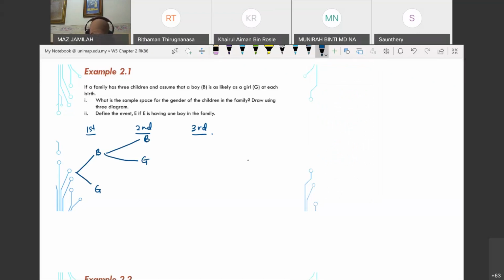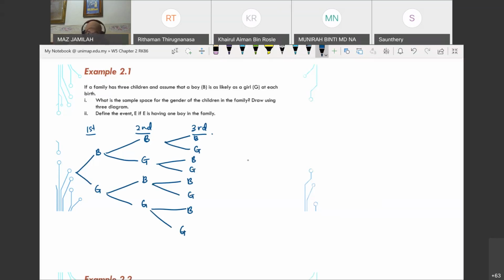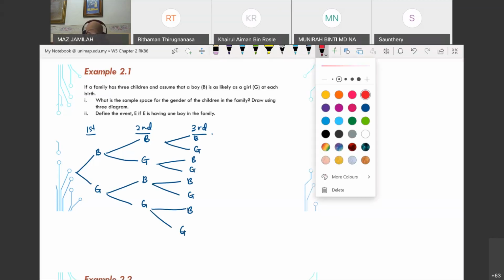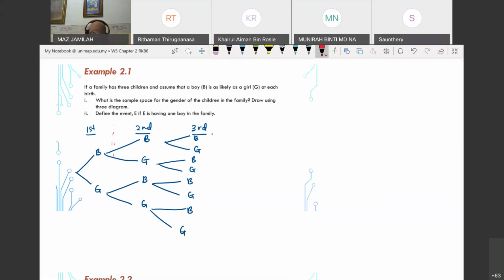Having said the first is girl, the second could be boy or could be girl. The same goes for the third child. It's either boy or girl. So we have the first child, the second child and the third child.